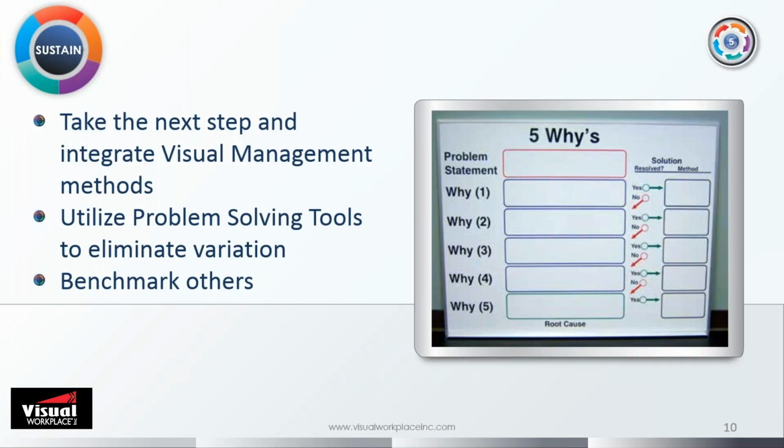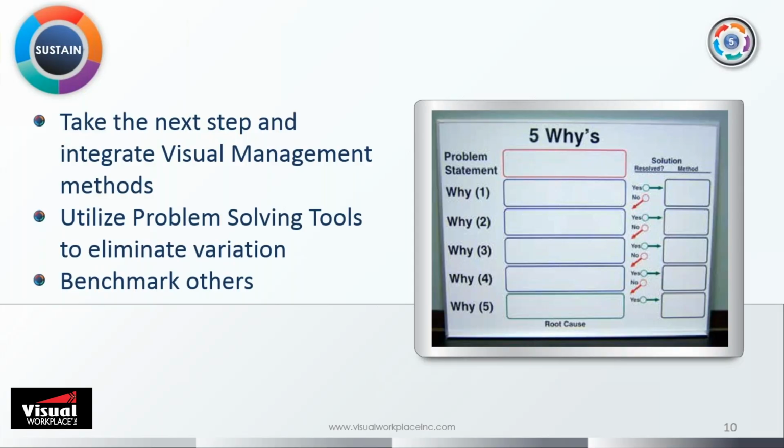Yeah, those are all things that would lead you to believe that you are sustaining your systems. But really, what I want to challenge you to is to take the next step and integrate visual management methods, because oftentimes, and probably not as much anymore, 5S and visual management were seen as one and the same, and they're really not.